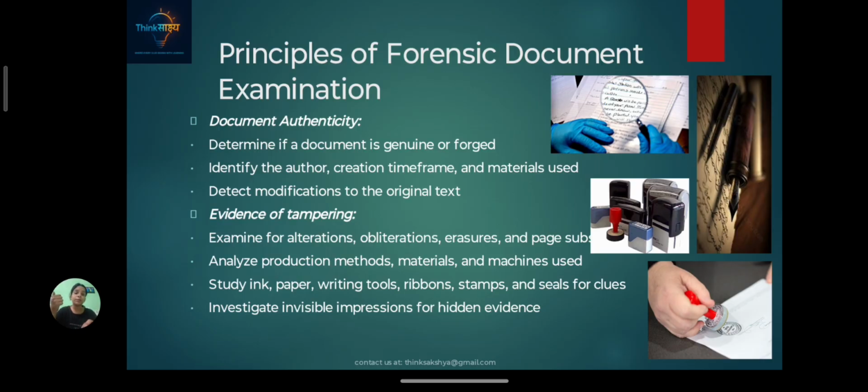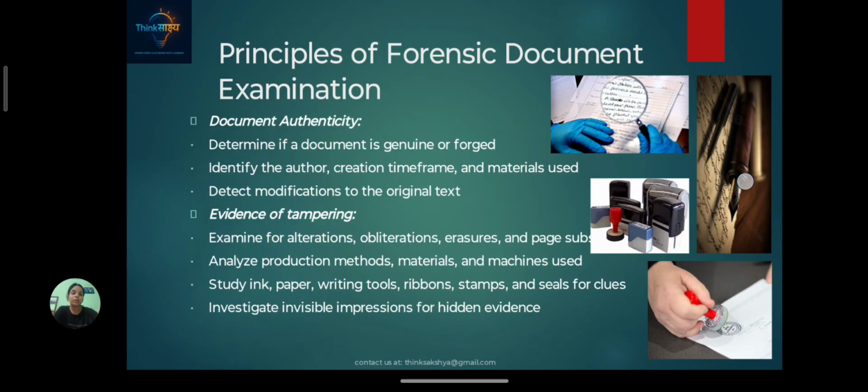They also look for tampering, like erasures, alterations, obliterations, and page substitutions. Even the type of ink and the material used, such as the ink, paper, printer, or stamp, the type of pen used to create a document, everything is checked and analyzed, because different types of inks also react differently under infrared light. This we will study in the next part.